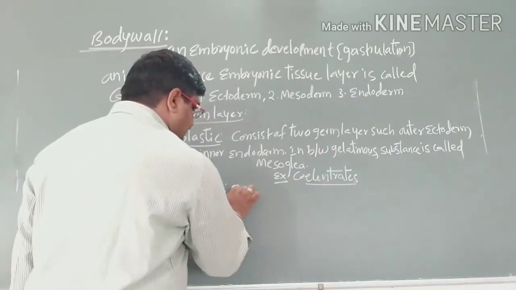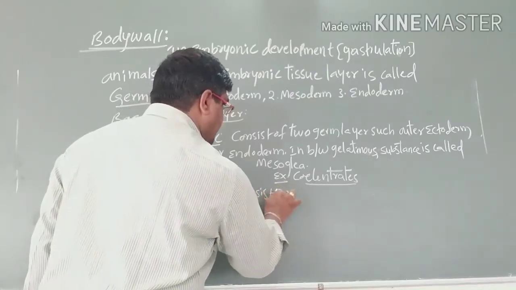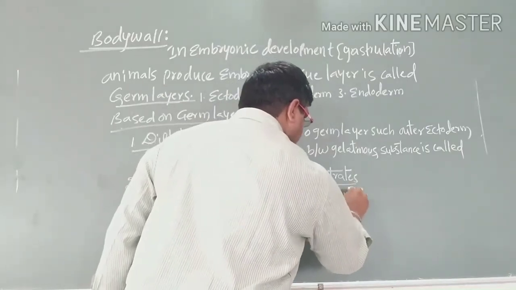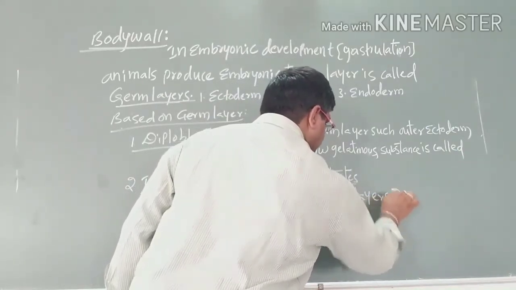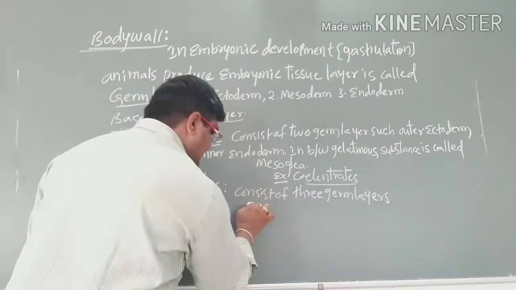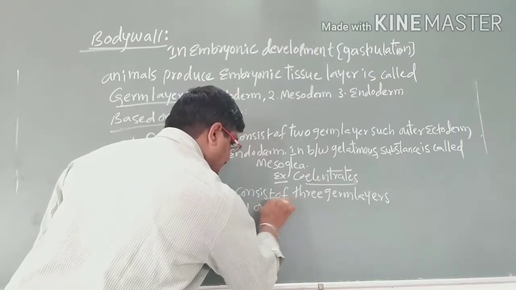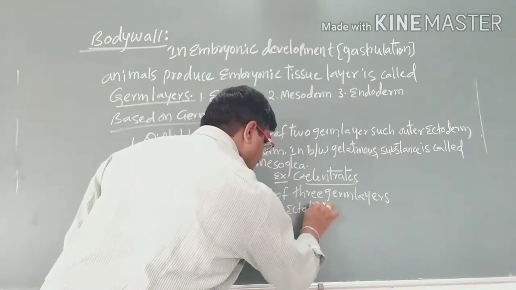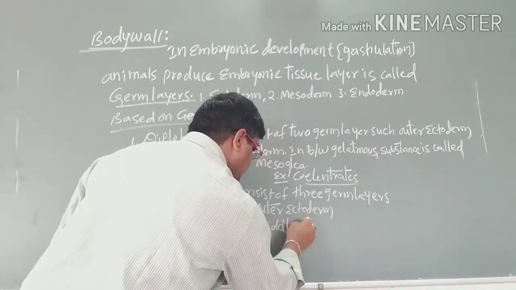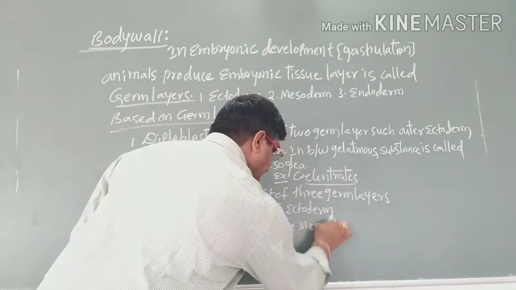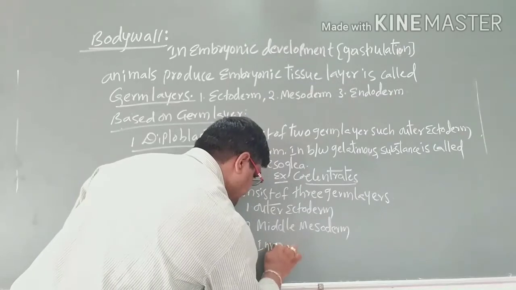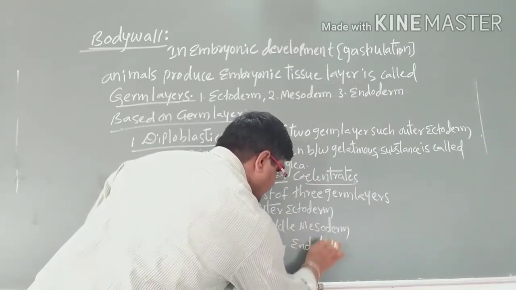Next, triploblastic. Here it consists of three germ layers: the outer ectoderm, the middle mesoderm, and the inner endoderm.